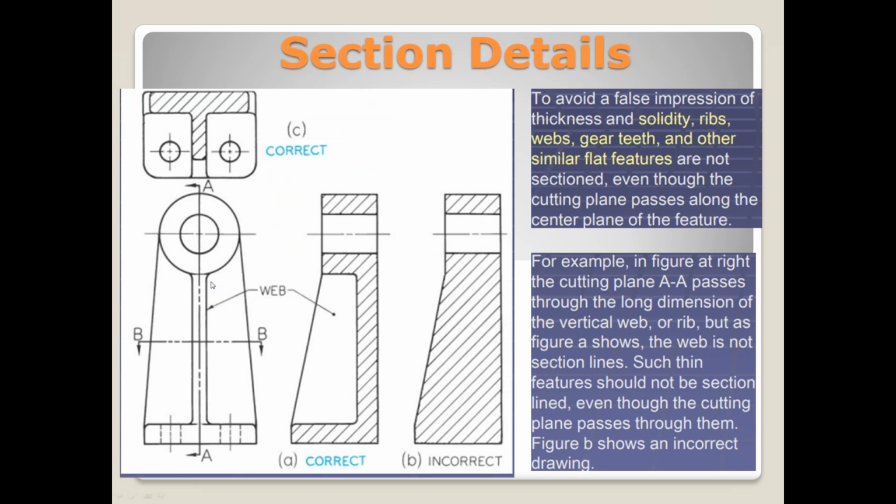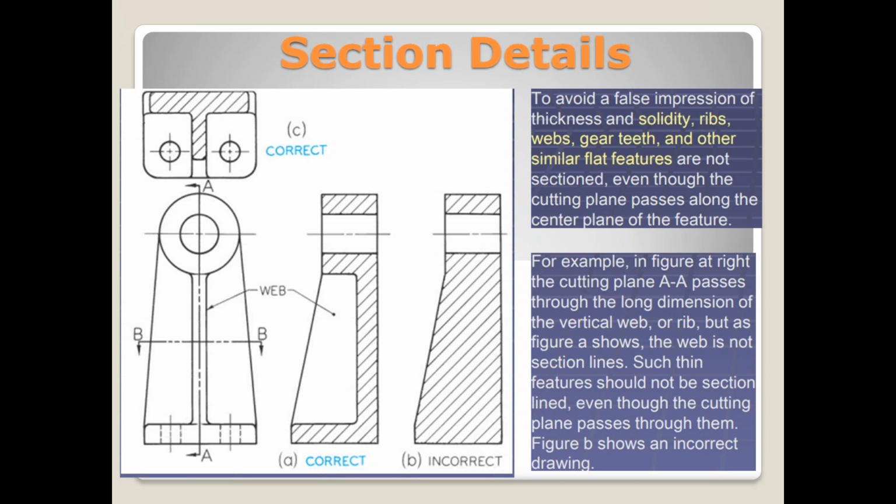And continuing on, you can see that web here, and to avoid a false impression of thickness, ribs, webs, or other similar flat features are not sectioned, even though the cutting plane passes through the center plane of the feature.